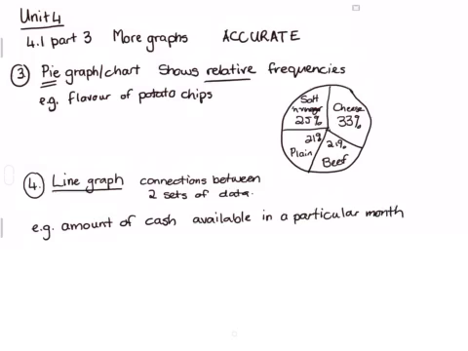Or even in a bank. So the one axis is going to be months. And still we're going to keep the distances the same apart. So I'm just going to say January, February, March, April.